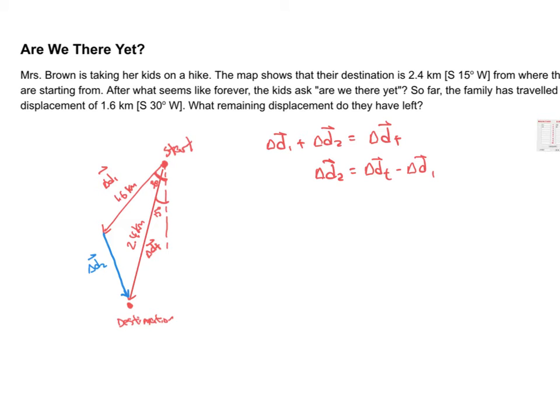So what I'm doing is the total displacement is 2.4 km south, 15 degrees west, minus the initial displacement of 1.6 km south 30 degrees west.